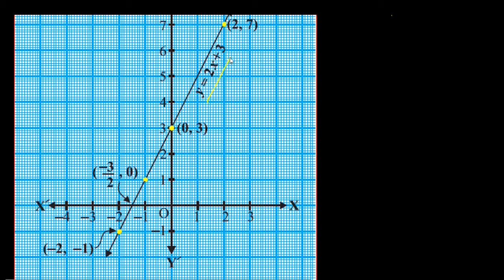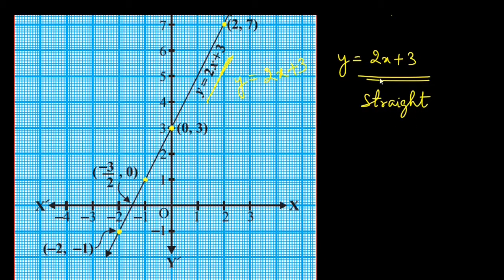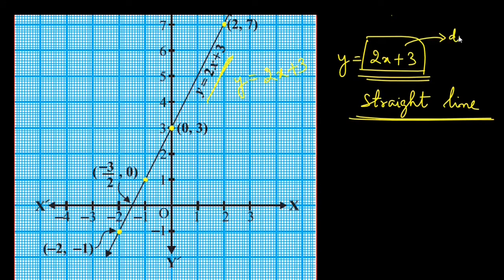The line is y is equal to 2x plus 3. This is a straight line. When a linear polynomial of degree 1 is drawn on a graph, we are getting a straight line. Graphically, this polynomial of degree 1 represents a straight line.